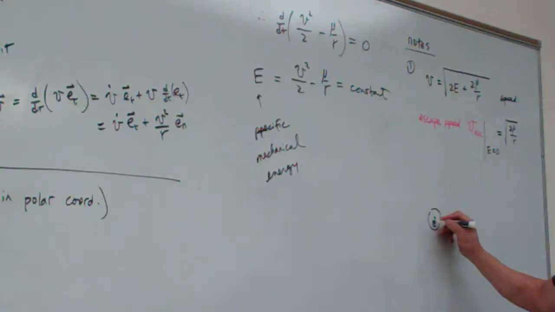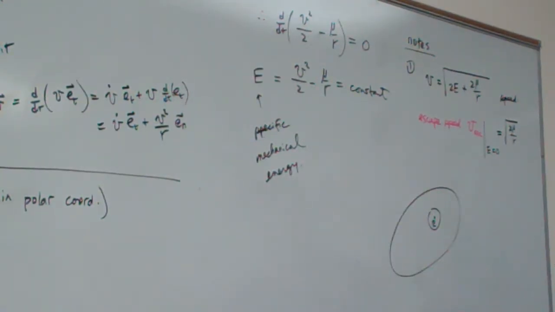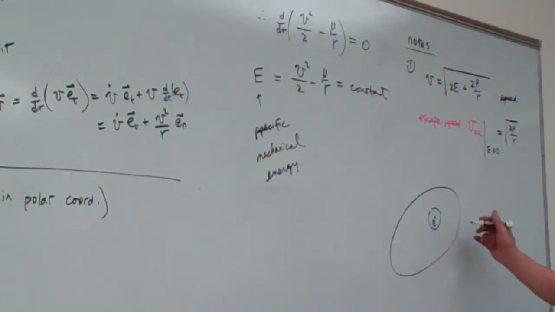If this is the Earth, and this is the center of the Earth, and this is the orbit of the satellites. For all the satellites orbiting the Earth, or the Earth orbiting around the Sun, those elliptical orbits have negative mechanical energy.